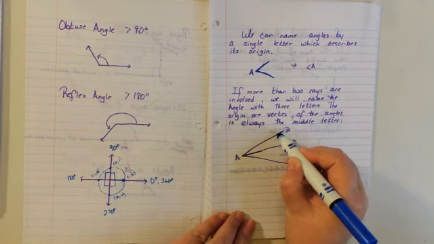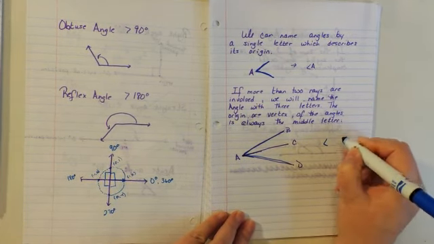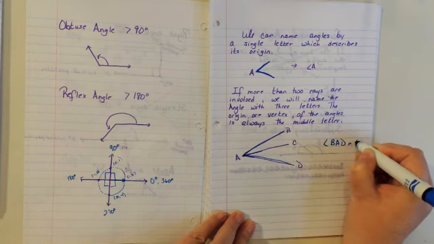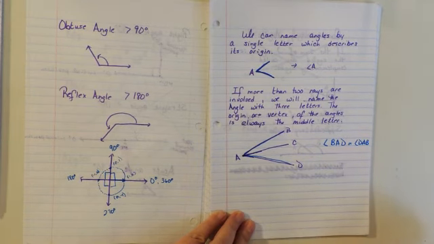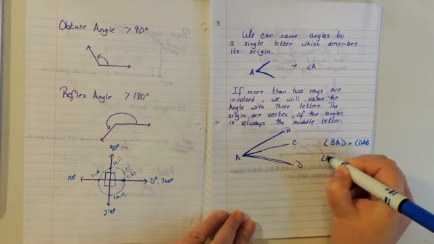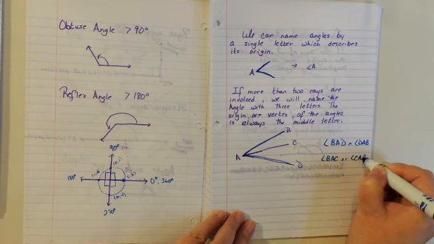So the name of this angle, the big one here, is angle BAD or angle DAB. But the A is always in the center. This angle is BAC or CAB.